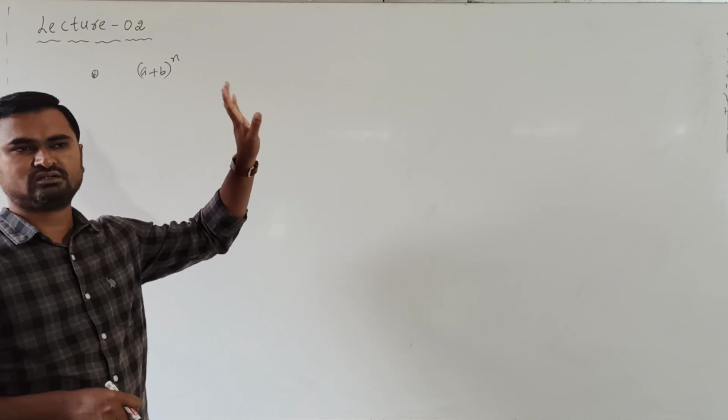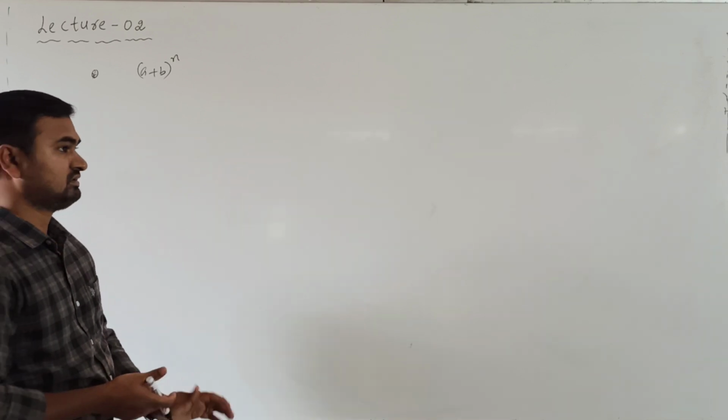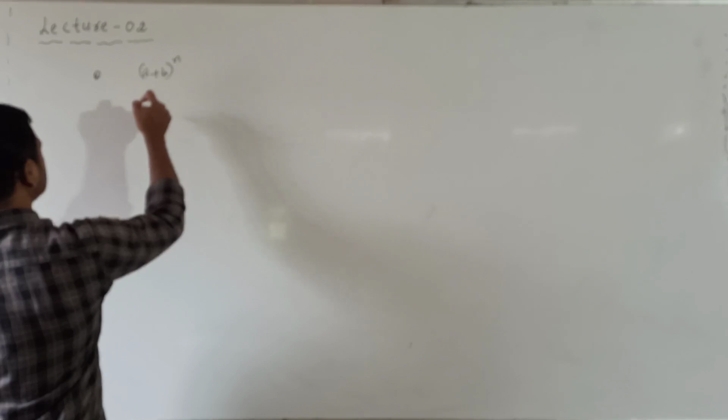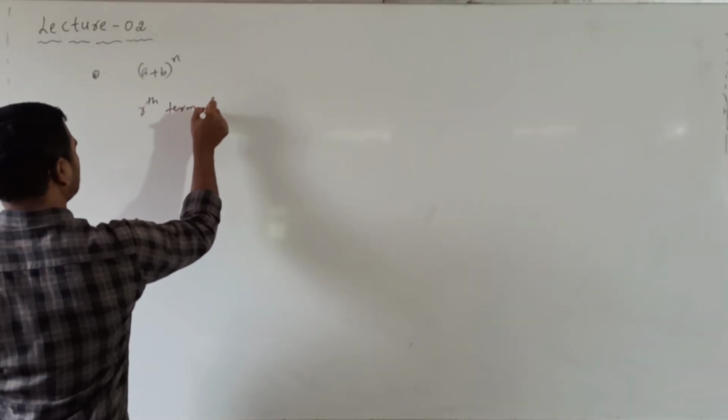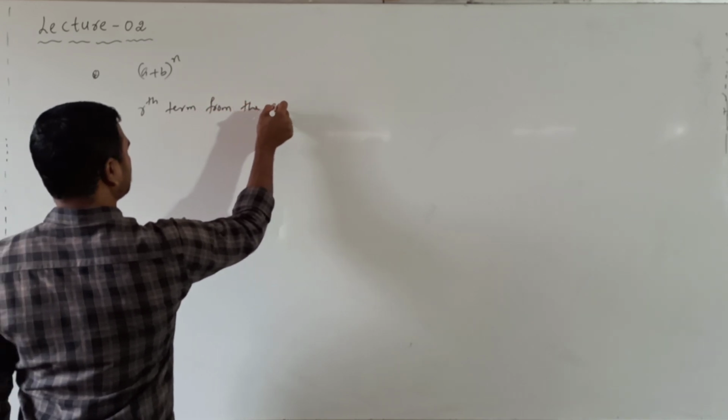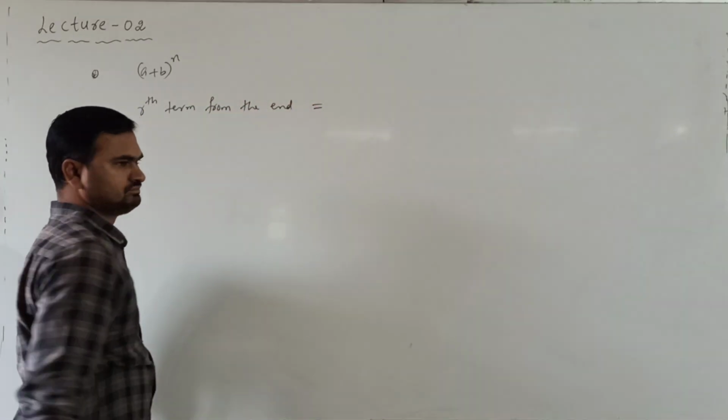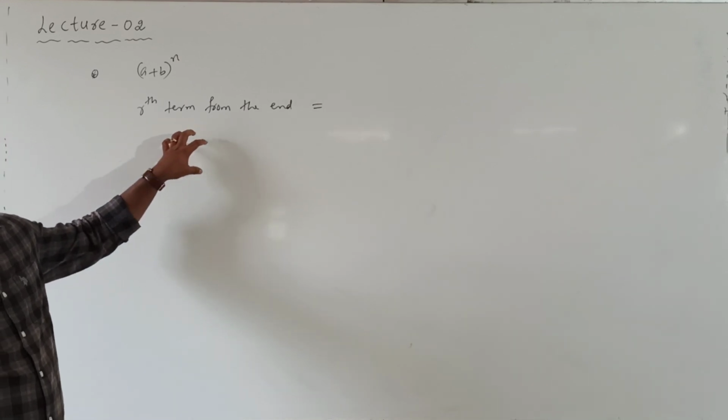So how to find the term required from the end? So that is a formula. In this expansion, you want to find the rth term from the end.